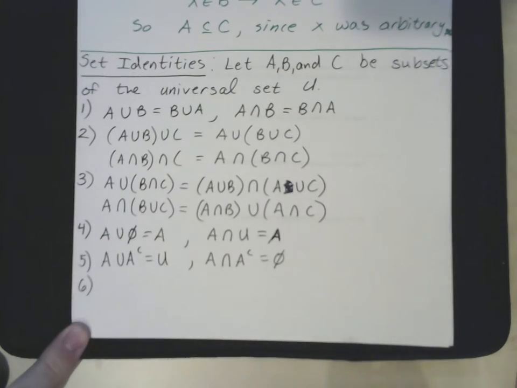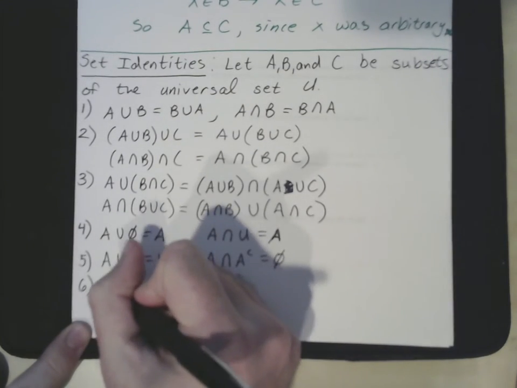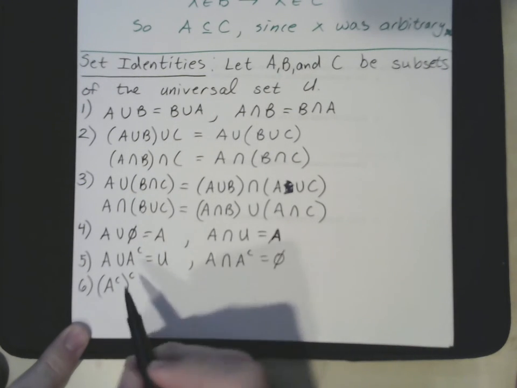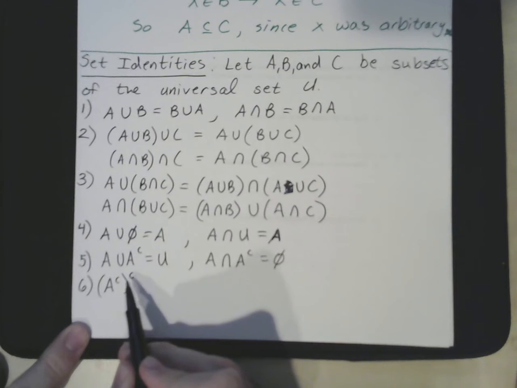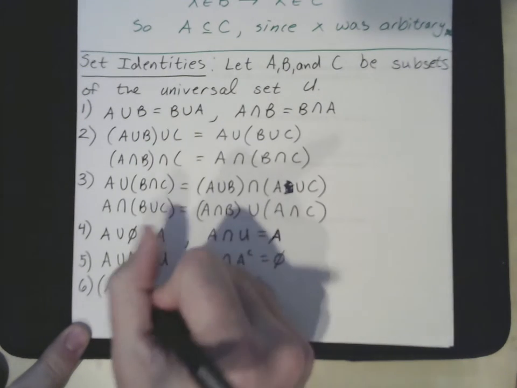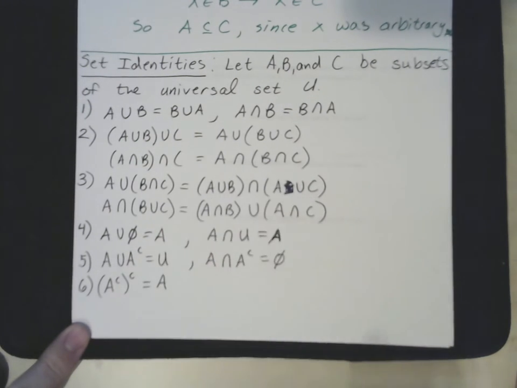Okay. Next one, if you take the complement of a complement, so A complement is everything not in A, so the complement of A complement is everything not in the set of everything that's not in A, and that's just A again.